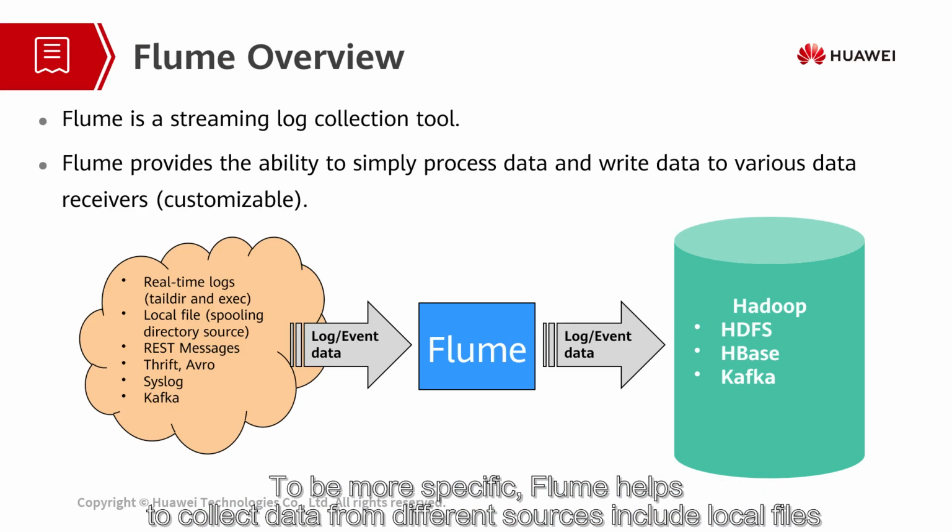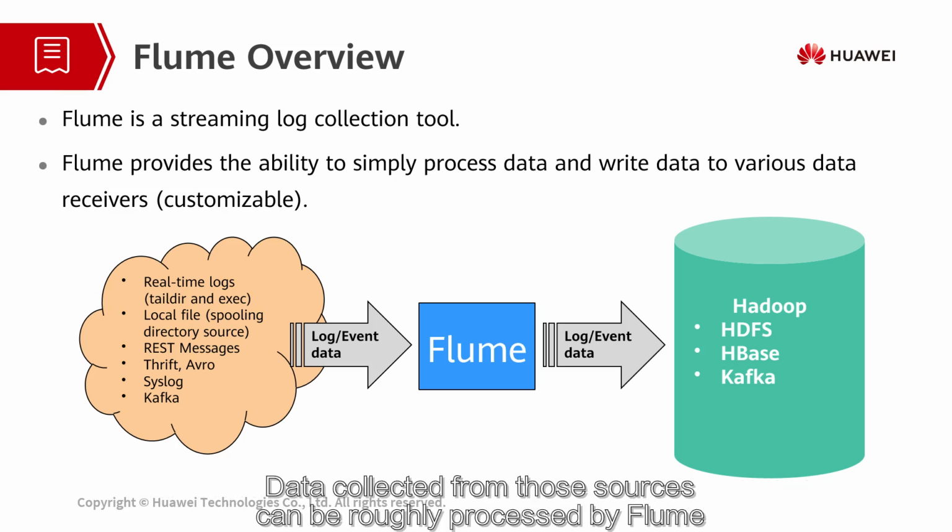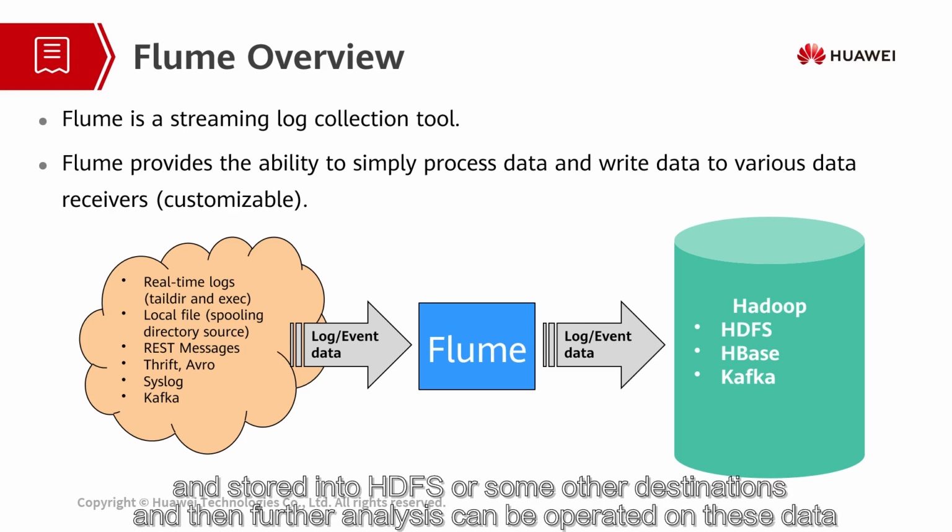To be more specific, Flume helps to collect data from different sources, including local files, real-time logs, REST messages, different data protocols, different kinds of message queues, and so on. Data collected from these sources can be roughly processed by Flume and stored into HDFS or some other destinations, and then further analysis can be operated on this data.